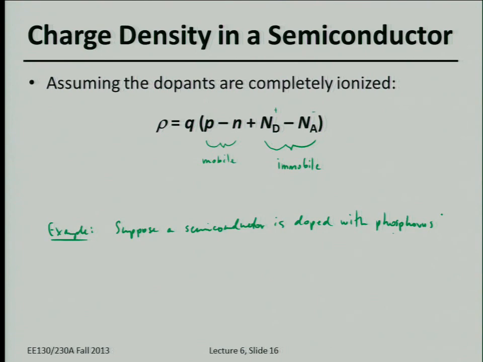And for some reason, the electrons are diffused away. So you dope it with phosphorus. Each atom donates an electron, but electrons diffuse away. This could be due to an electric field or due to diffusion, for example. Right? There might be a concentration gradient.